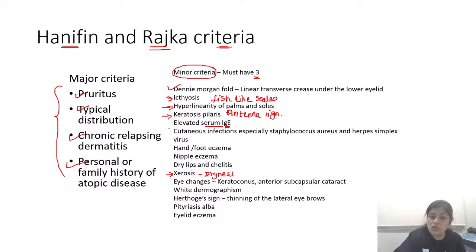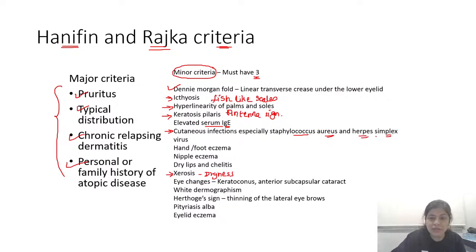Also, as I mentioned, these children have an impaired barrier. So things which are outside can easily enter into the skin, right? They are more prone to infections because bacteria are outside, viruses are outside, they can easily invade the skin. So they are more prone to cutaneous infections, especially Staphylococcus aureus and herpes simplex virus infection.